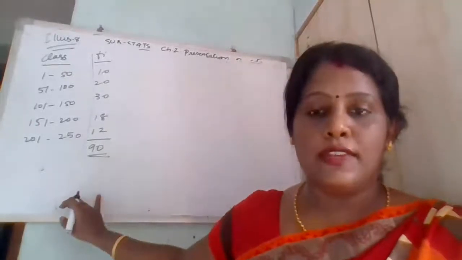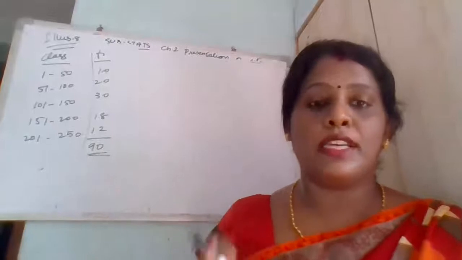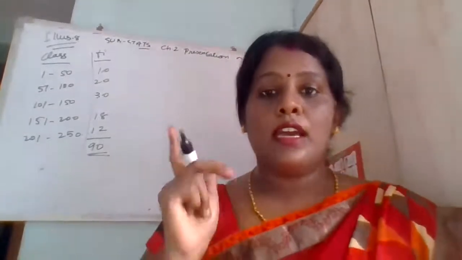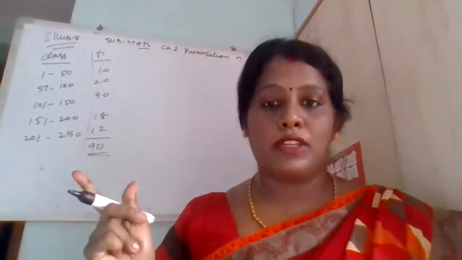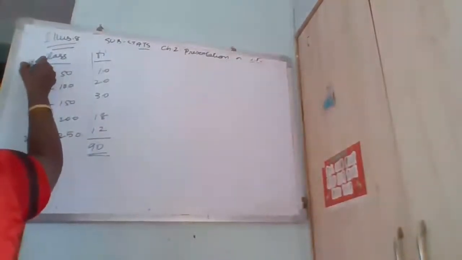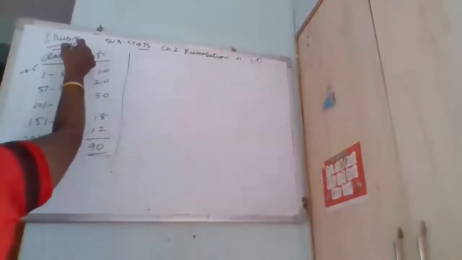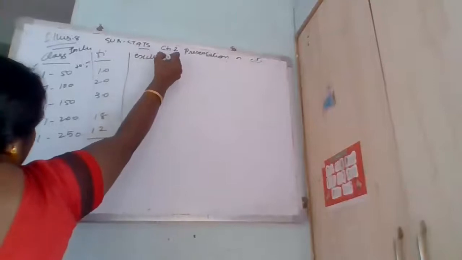Here inclusive is given. This class is an inclusive class. So the first thing you have to do is convert this inclusive into exclusive. How do you convert? Minus 0.5 from your lower limit and plus 0.5 to your upper limit. Here minus 0.5 and here plus 0.5. This is your inclusive class. Now you have to make the exclusive class.